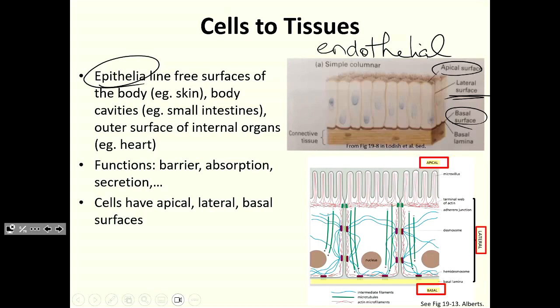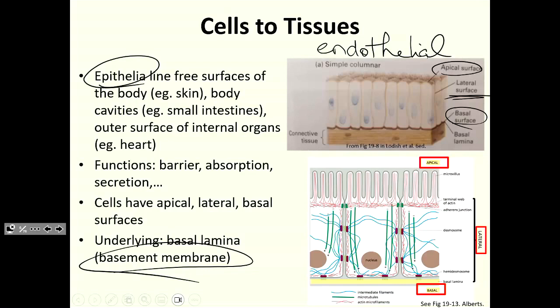The cartoon below is showing you similar things. Our basal cell surface is sitting on a basement membrane, which is not stated anywhere in these pictures, but it's all right. The basement membrane is synonymous with the basal lamina.